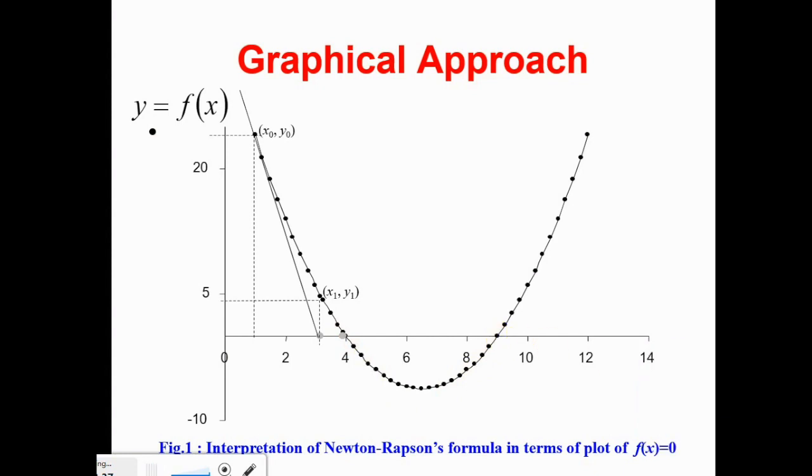Now friends, these are the two roots of the polynomial that we are considering, which is basically y equal to f of x and y is equal to 0, and those x values at which the x-axis intersects the polynomial at 2 points, those are the roots.